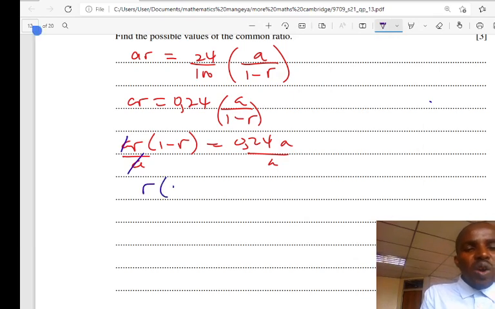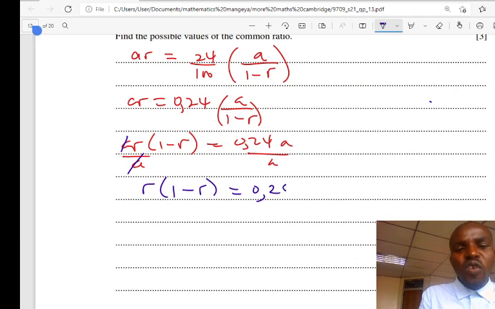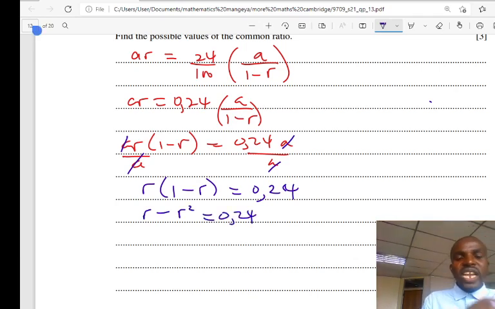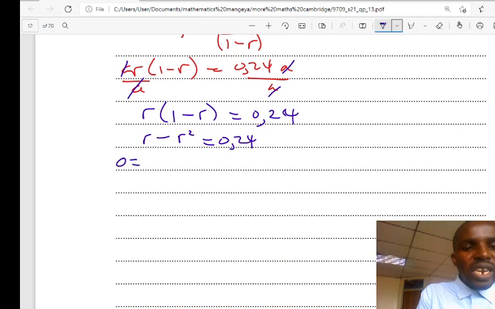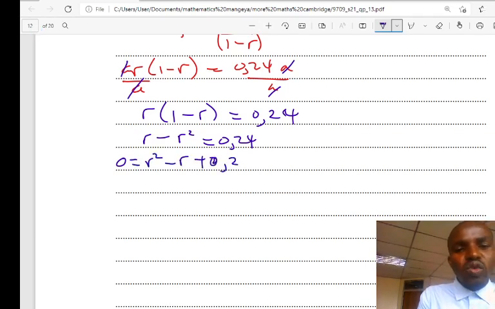Then r(1 minus r) is equal to 0.24, and a will cancel out. Then remove this bracket: r minus r squared is equal to 0.24. You can express this as a quadratic equation: 0 is equal to r squared minus r plus 0.24.